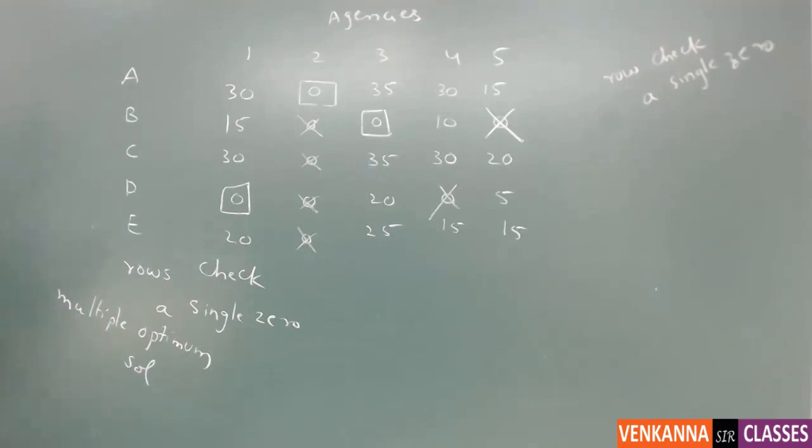This is the usual procedure we follow. It is like an echelon form, we go from top to bottom, as per the algorithm, not from bottom to top. Even if you go the other way, you have multiple optimum solutions.